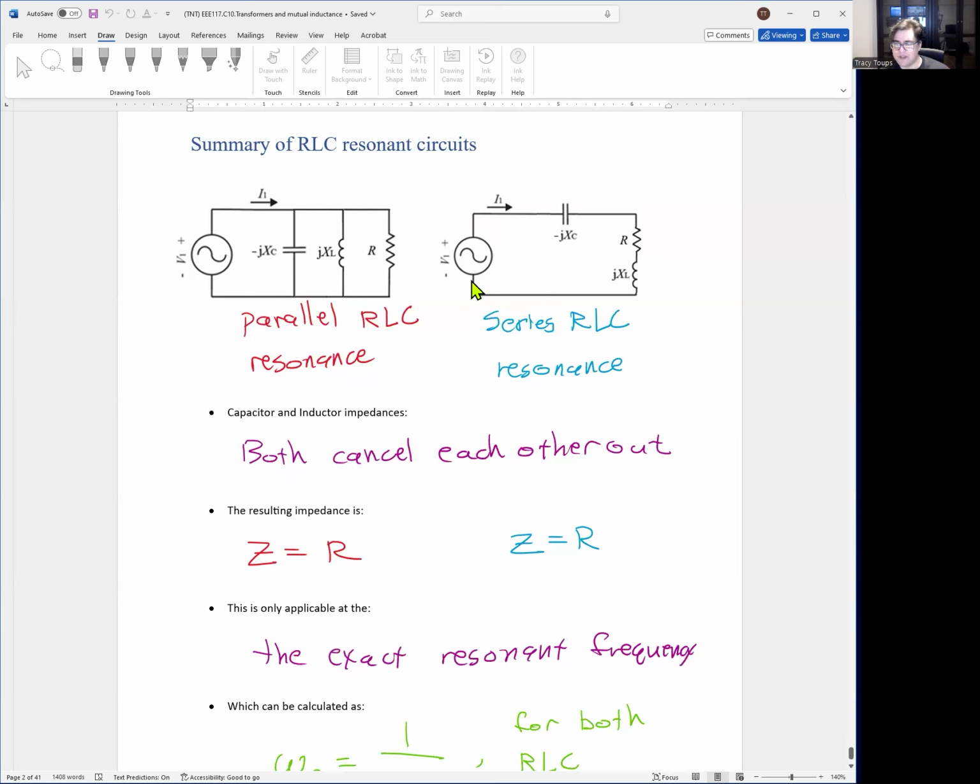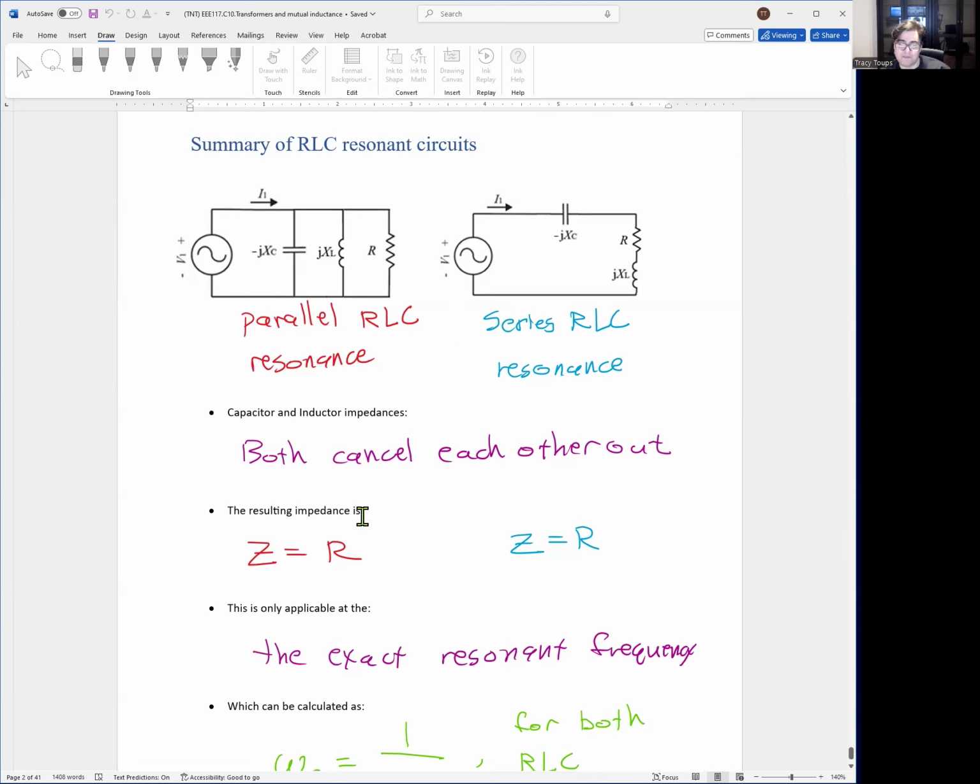For both circuits, the impedances of the inductor and capacitor always cancel out. In series, they equal 0, so they're out of the circuit. In parallel, they're both infinity, so the current ignores them and goes straight to the resistor. Either way, the source does not see the inductor or capacitor anymore. It's invisible to the circuit overall.